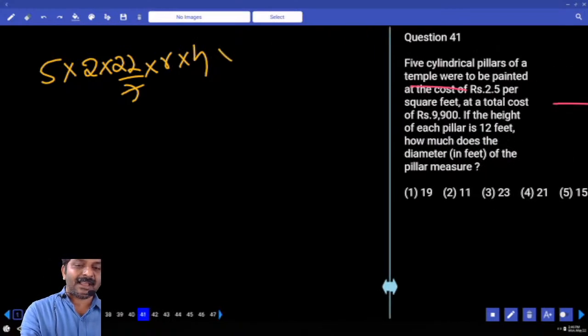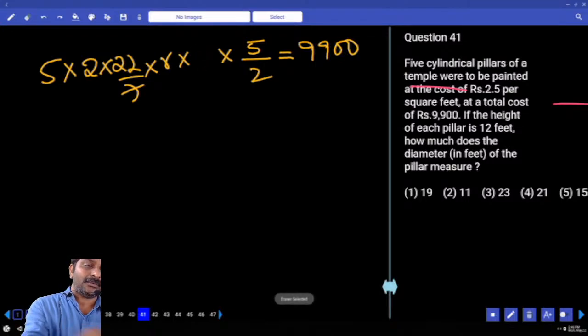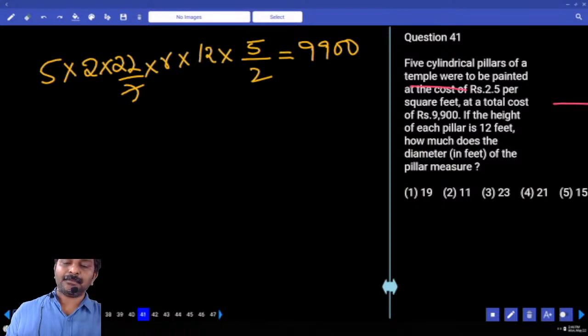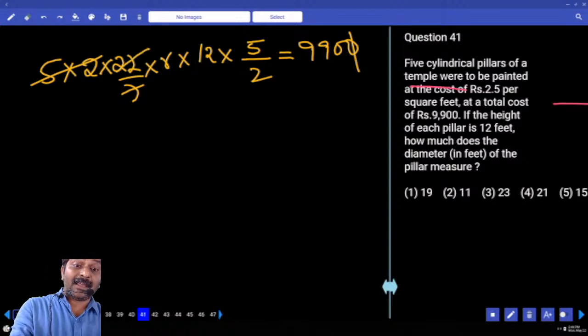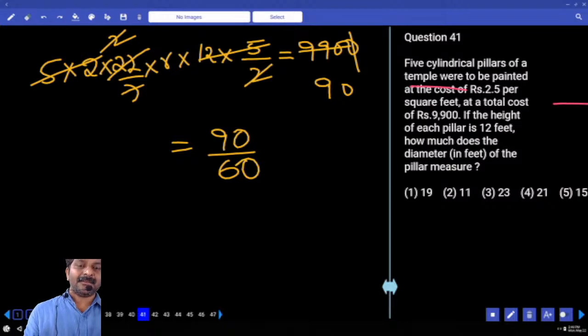2.5. This value multiplied by 2.5, can I write it as 5 by 2? And the total cost mentioned is 9,900. And you are also given height, which is equal to 12. So now 5 into 2, 10 gets cancelled. Next 11, 2 times 11, 90 times 2, and 2 can be cancelled here. 12 into 5, 60 goes to the other side, becomes by 60 only.